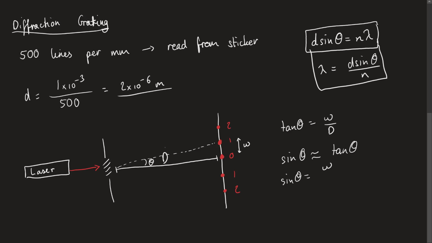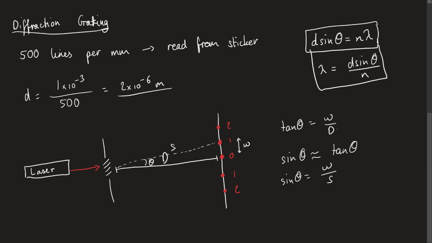So w over, let's call it s, why not? Maybe w over s, okay? But you'd find that s is going to be basically not that different from d, since you're only moving like a few centimeters over, so they're roughly the same. So you can use this small angle approximation to make them the same, and then just measure w and d.